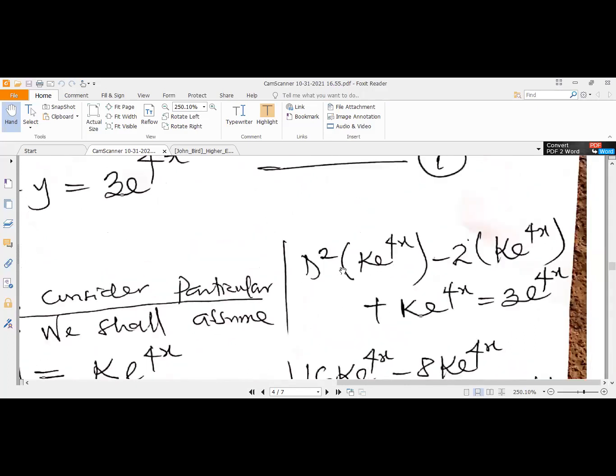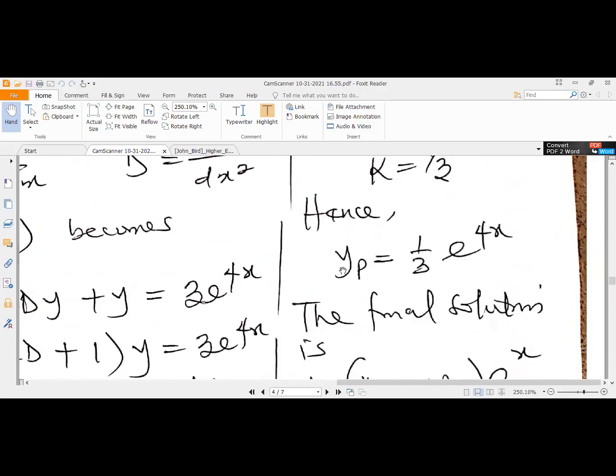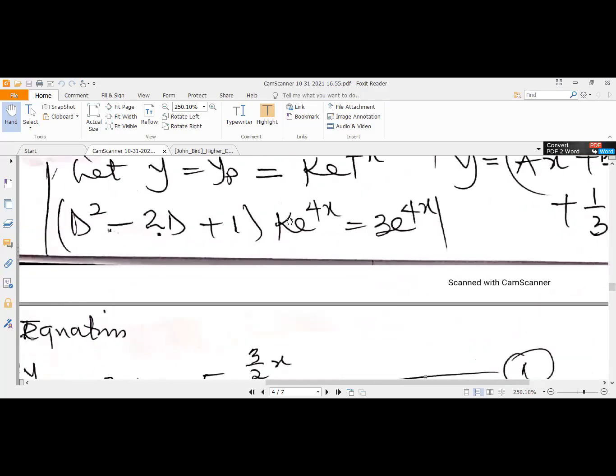You know that I can expand. Let me show you again. Look here, there's a bracket. This is the same thing as D squared multiplying by k exponential 4x. What does that mean? It means that I need to differentiate k exponential 4x twice. Now, let me expand the other one. Minus 2D times k exponential 4x.